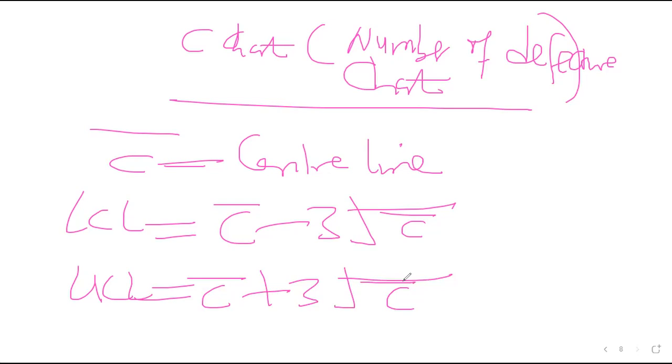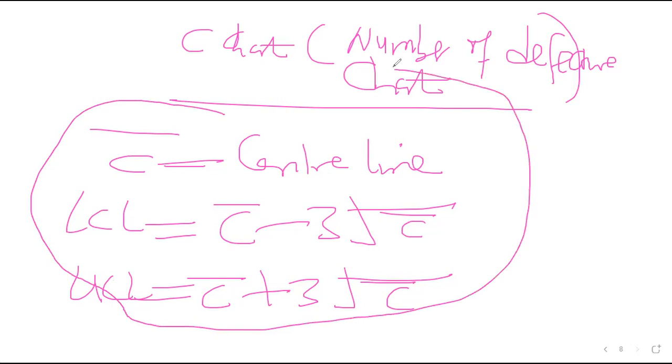So this is what we have concerning these control charts. All right. And again, we're getting to the P chart. The P chart is a percentage of defective chart.